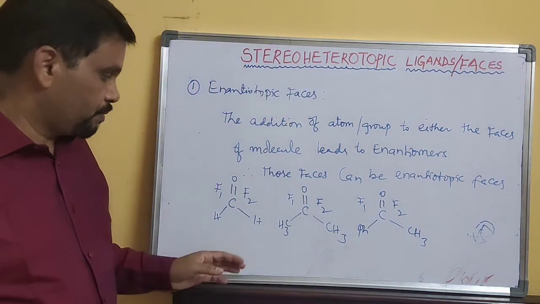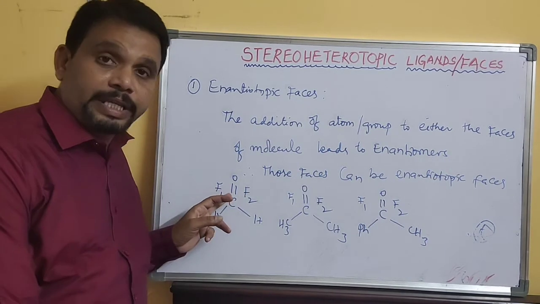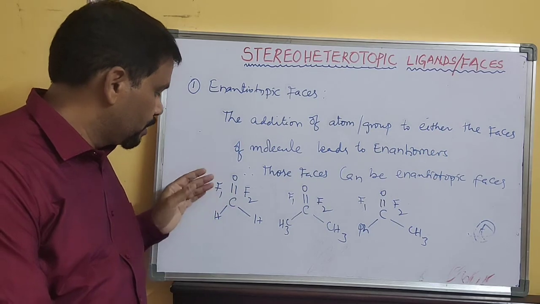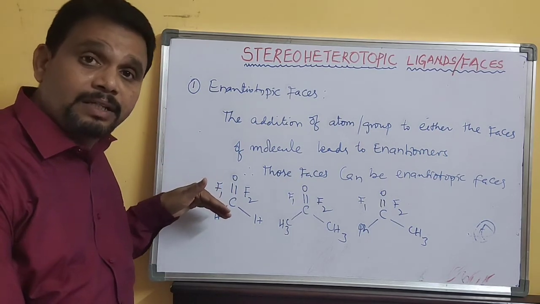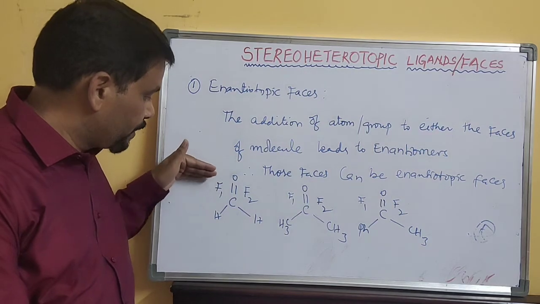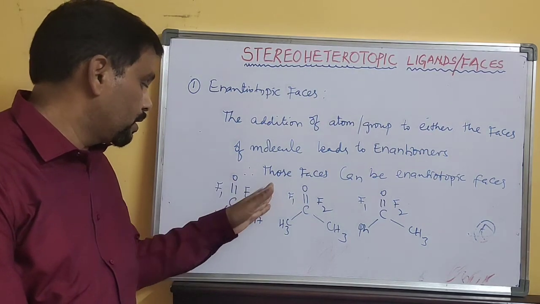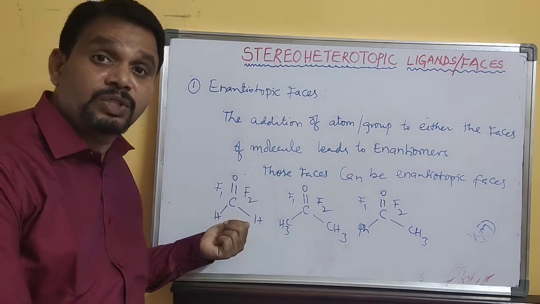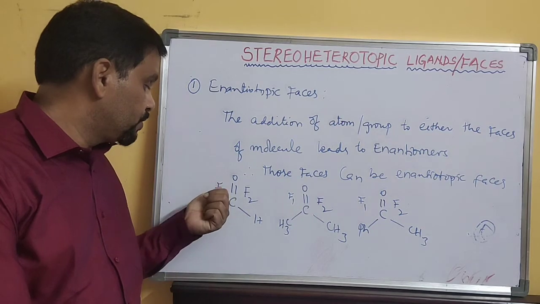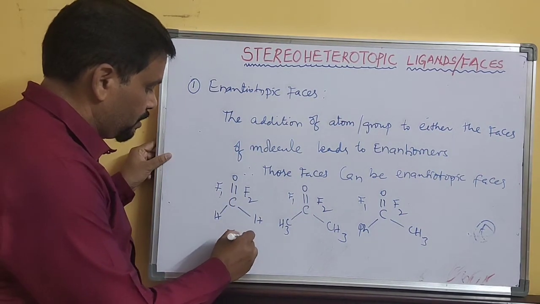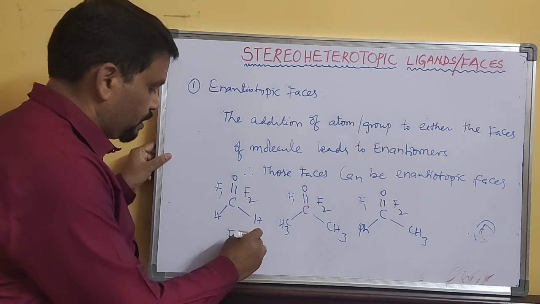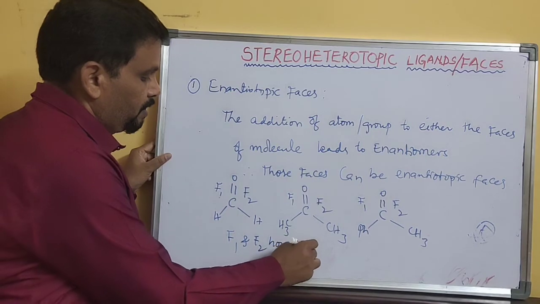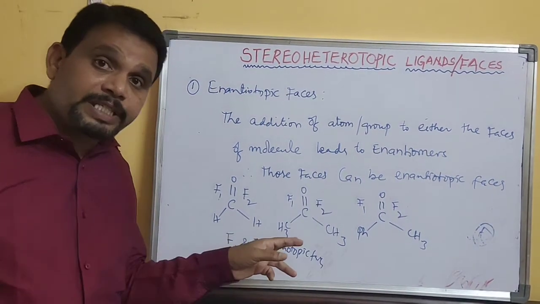In these examples, you can add the new atom or group from face 1 or from face 2, and you will get the same product. You will get homomers. Therefore, F1 and F2 are homotopic faces.